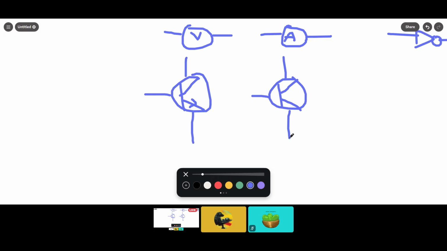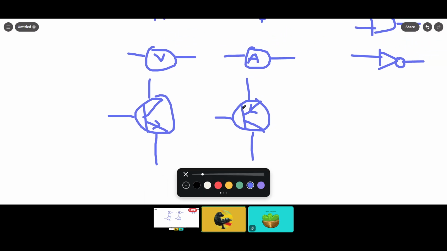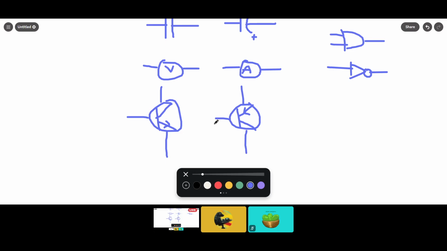For NPN transistors, which is this one, the arrow is going out from this line, and for PNP the arrow is going into the line. Okay, cool. So that's the transistor.